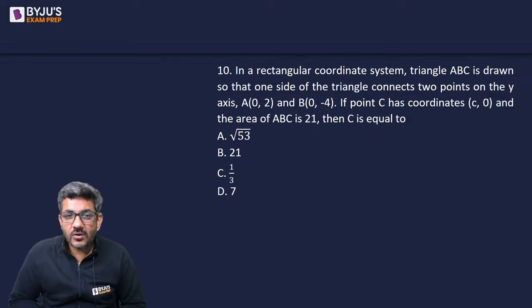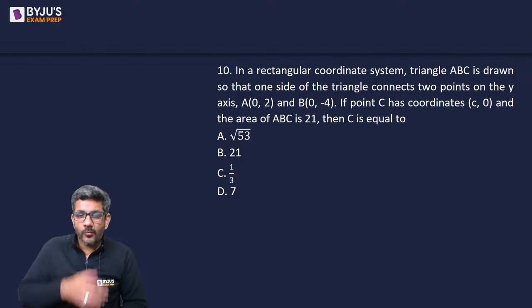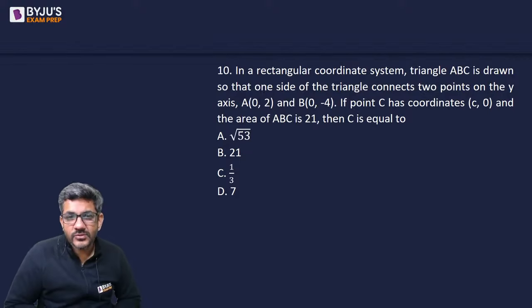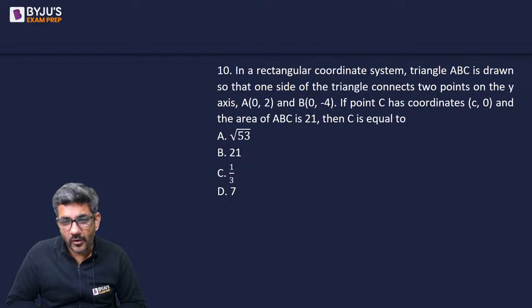In a rectangular coordinate system, triangle ABC is drawn so that one side of the triangle connects 2 points on the y-axis, that is A and B. If point C has coordinates C0 and the area of ABC is 21, then C is equal to what? Music Core once again has answered as A.